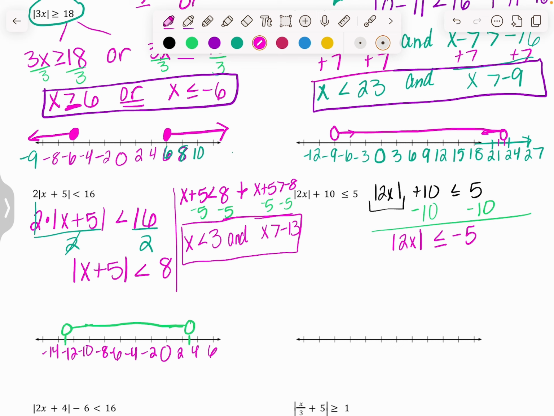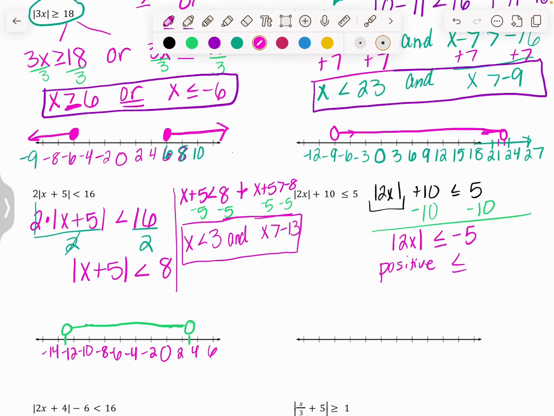Any number that you get here is going to be positive. And positive numbers are always bigger than negative numbers because positive numbers are to the right of 0. So really, anything you get on this side is going to be positive.